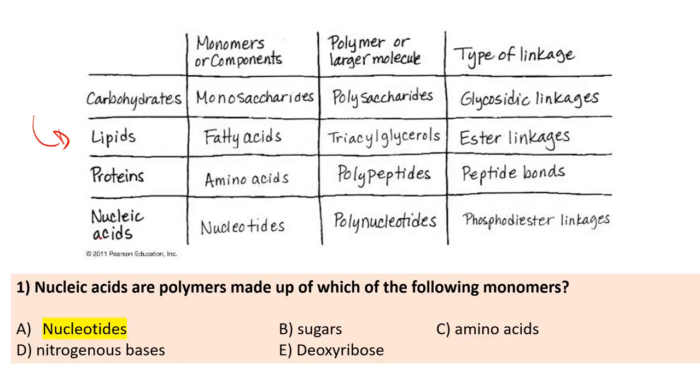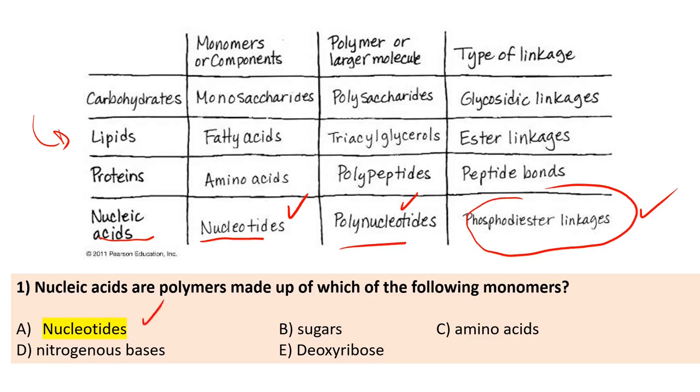So remember, in the nucleic acids, the monomers or the components will be nucleotides, the polymer will be polynucleotides, and the type of linkage will be the phosphodiester linkage. So this is right, and this is for DNA, but this is not the monomer. This is for RNA and DNA, but again, this is not the monomer.